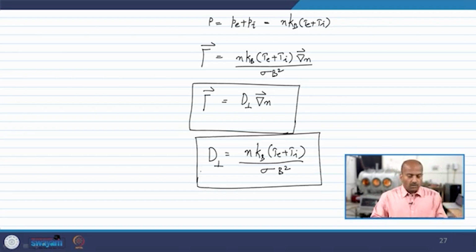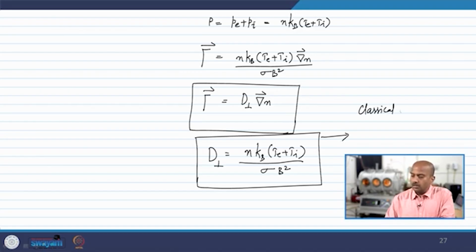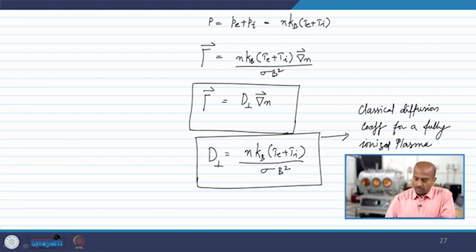So, this is also a diffusion coefficient, known as the classical diffusion coefficient for a fully ionized plasma. Just for reference, D perpendicular is proportional to 1 by B square.